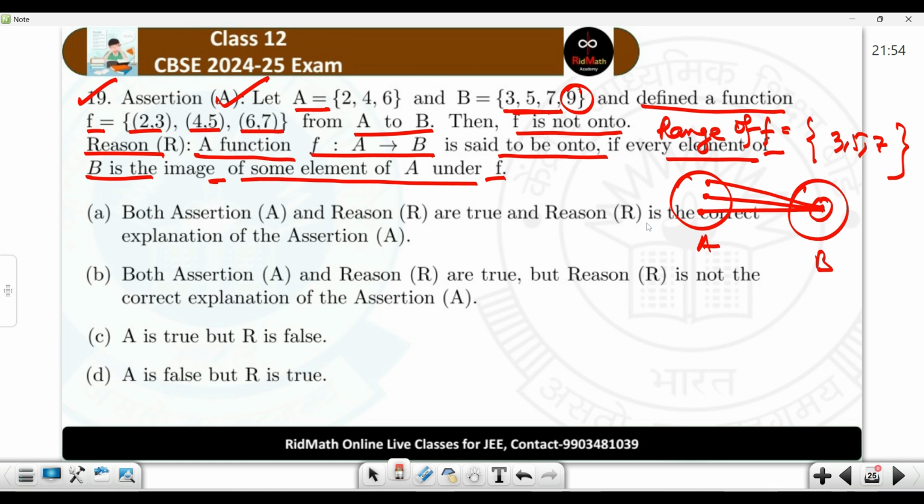As long as every element of B has an image in A, at least one, then this is onto. So R is also correct, and the reason is the best explanation of assertion A. That means both A and R are true, and reason R is the correct explanation of assertion A. So option A is correct.